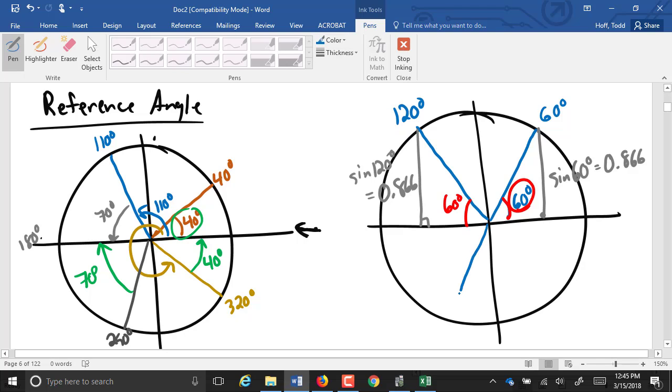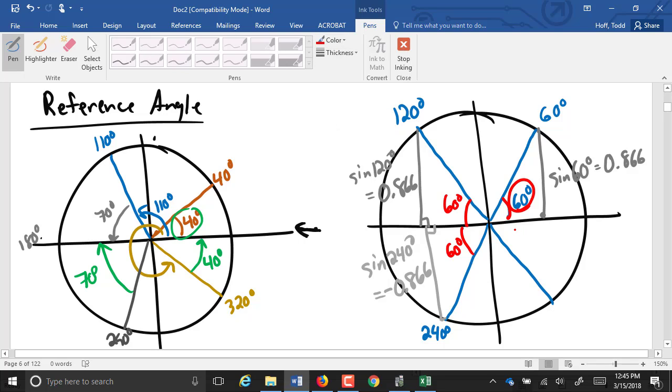If I go down here to 240 degrees, what's its reference angle? 60. Now, without typing it in, does anybody want to guess what the sine of 240 degrees is going to be? Close. Go ahead and type it in. There it is. Negative 0.866. Because that's down below the horizontal. There's one more angle over here that has a 60-degree reference angle.